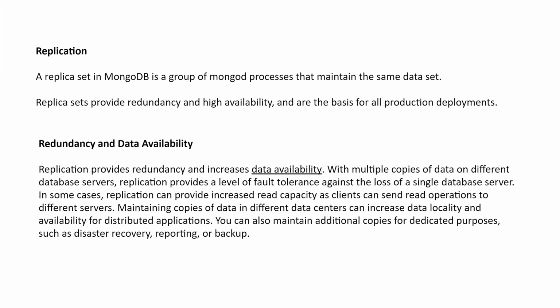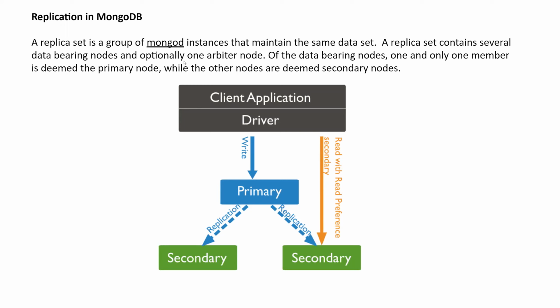How replication in MongoDB happens is that it's a group of MongoDB instances that maintain the data sets. It contains several data-bearing nodes. It follows the leader and follower pattern, where one is the primary and there are some secondary nodes. The read and write operations happen only at the primary level, while reads can also happen at the secondary levels.